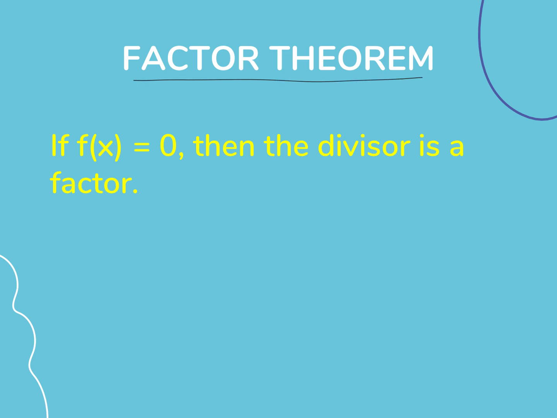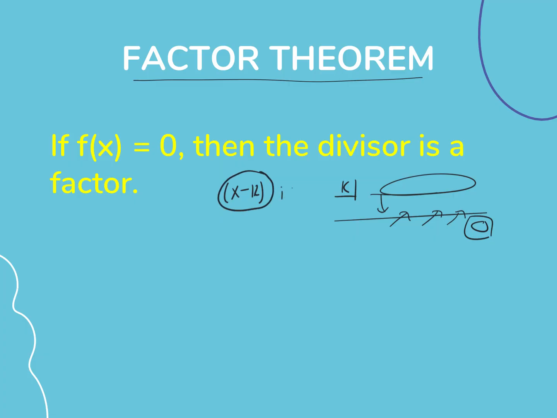This basically said that if I had a factor x minus k, and I did my synthetic division with k up here and the rest of my coefficients here, and I ended up with 0 as my remainder, then I could say that x minus k is a factor of our original function f of x.